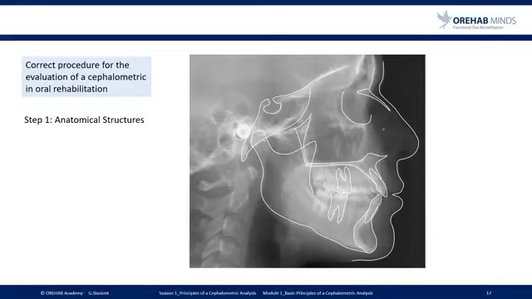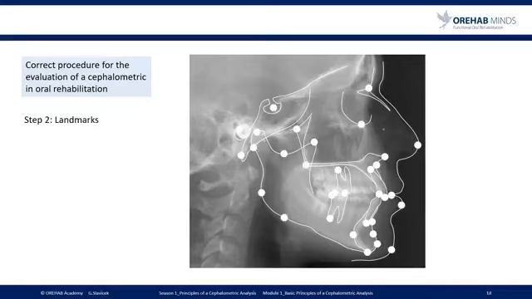The correct procedure for the evaluation of a cephalometric analysis in oral rehabilitation: first of all, we identify anatomical structures. Then, on this tracing, we identify landmarks, particular points exactly defined in the literature.